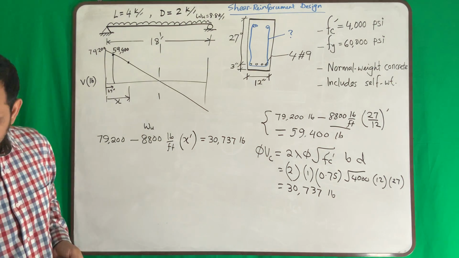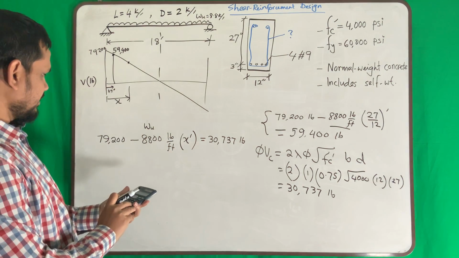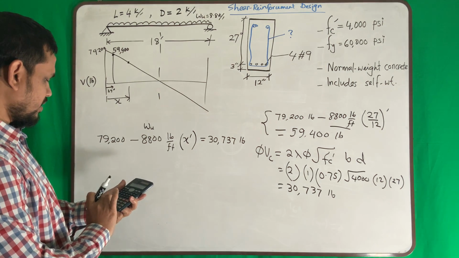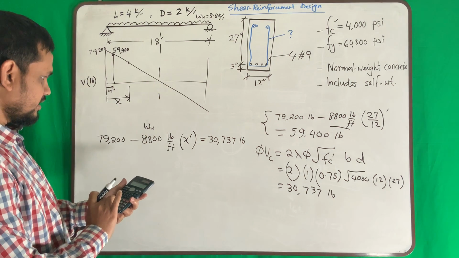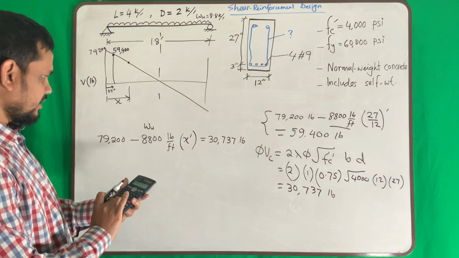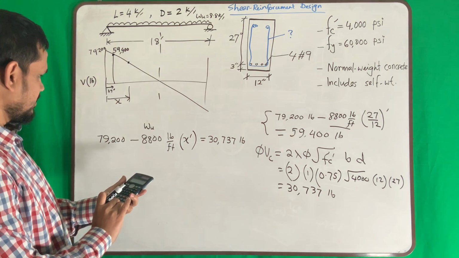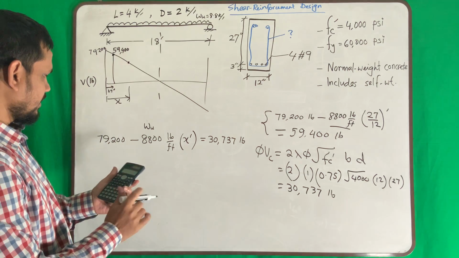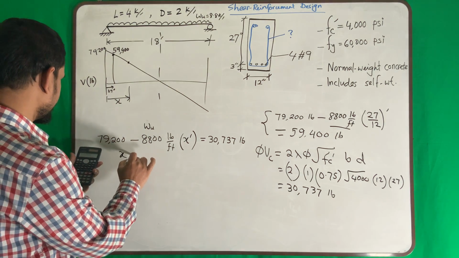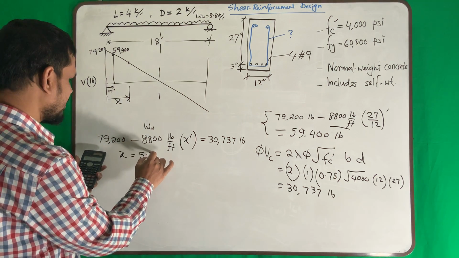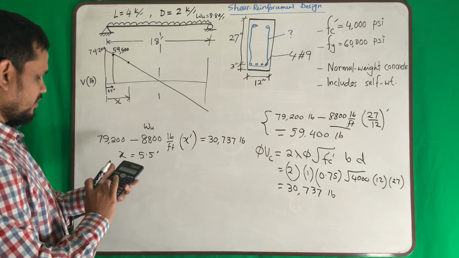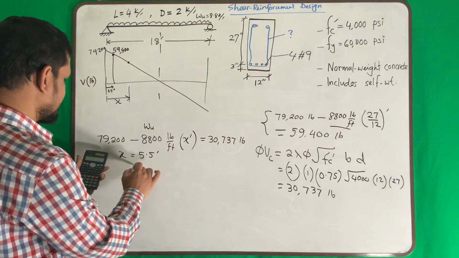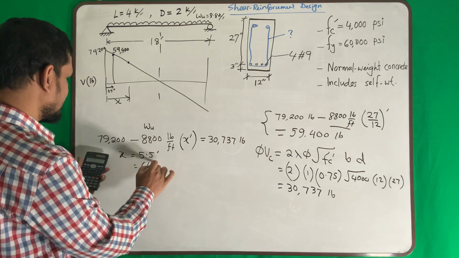Okay, so if I skip a line here, 79,200 minus 30,737 is divided by 8800. I got my x, which is 5.5 feet. If I convert it into inches, it is 66 inches.